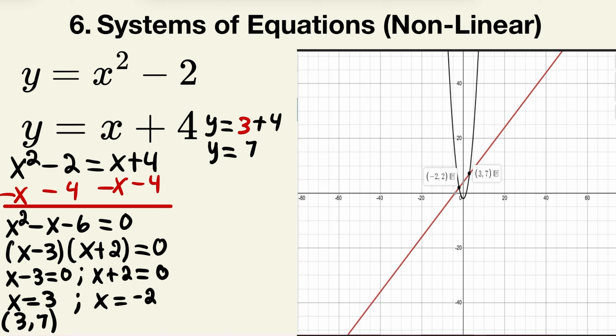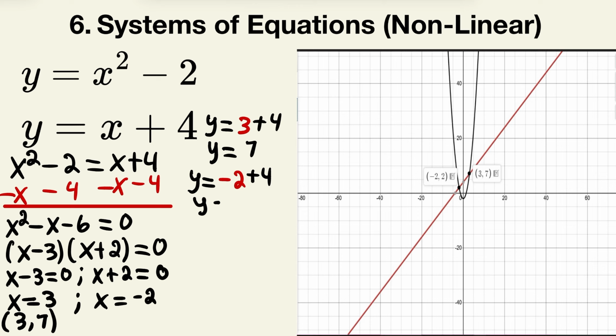And then for x equals -2, we're going to substitute that into the original equation, y equals x plus 4. So we have x here, we're just going to replace that with a -2. So that is y equals -2 plus 4.